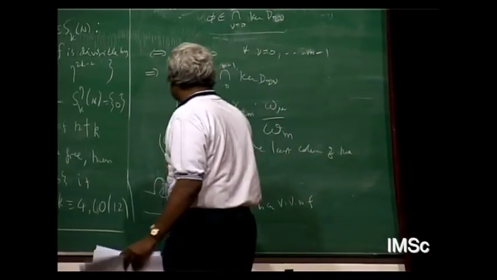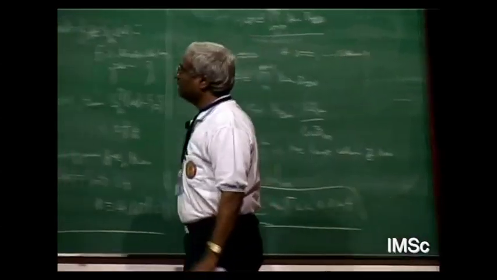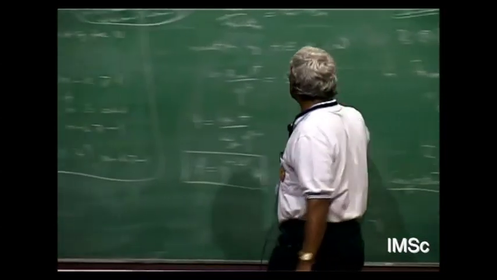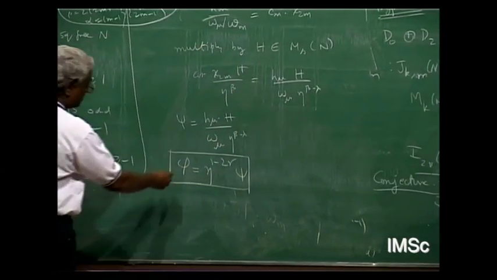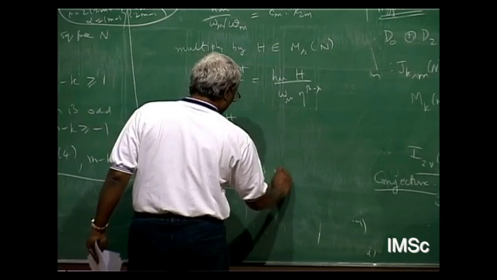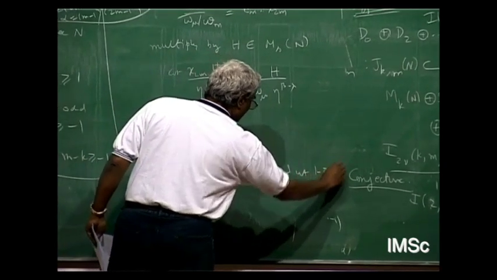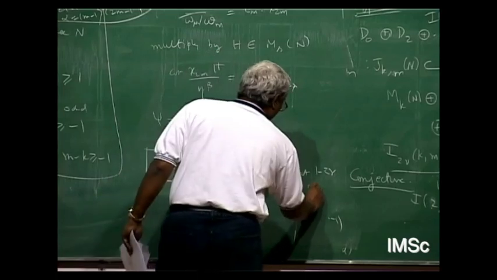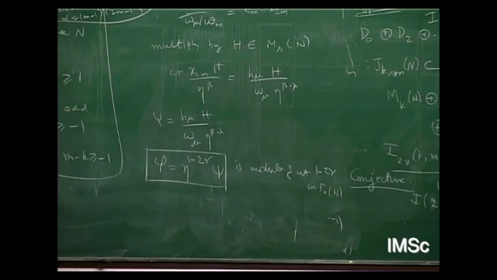That is an important key ingredient. Using that, and using the fact that these h and h mu vectors are modular forms, one can show that this phi is a modular form of weight 1 minus 2r on gamma 0 n. So that is the basic thing.